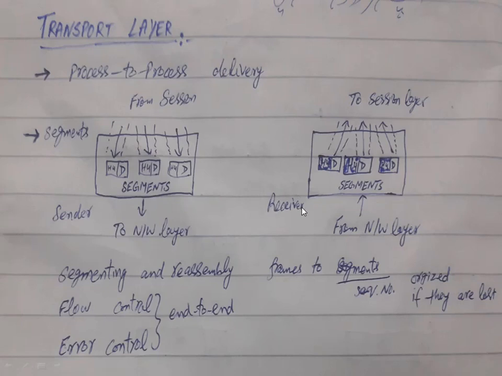At the receiver end, this is the transport layer, and from the network layer data is sent to the transport layer, then the transport layer transmits the data to the session layer. And in this process at the transport layer, the communication will be process to process delivery.